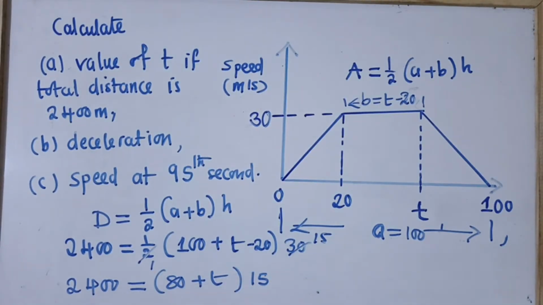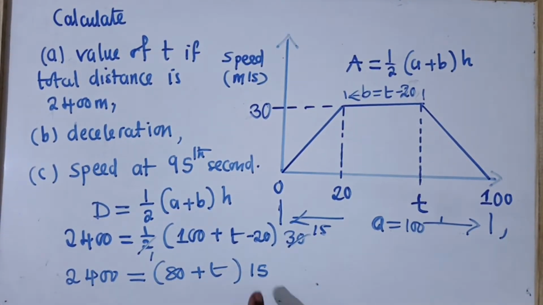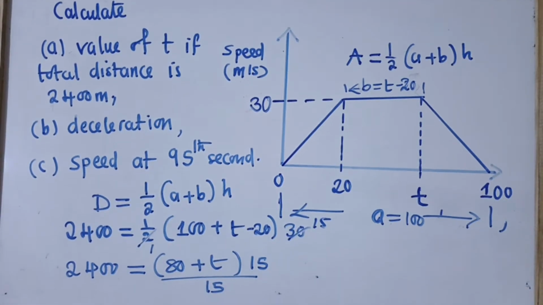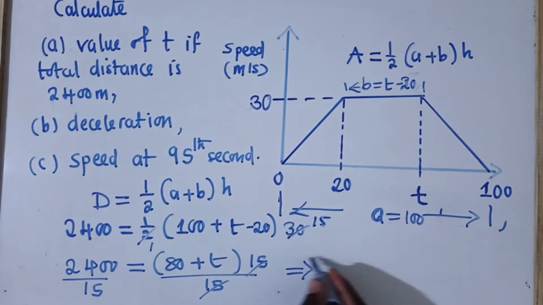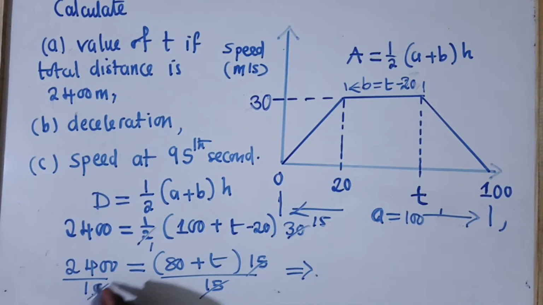So now at this point, if you want, you can multiply 15 by 80 so that you get rid of the brackets. Or if you want, you can just divide. Since you are multiplying, you can divide by 15, both sides by 15. So when we divide by 15, of course, this and this will go. We shall remain with this side.